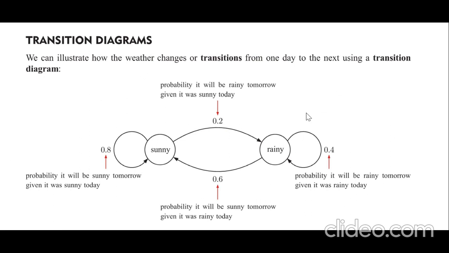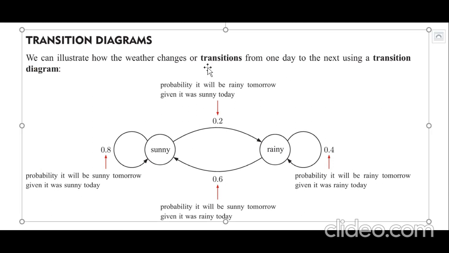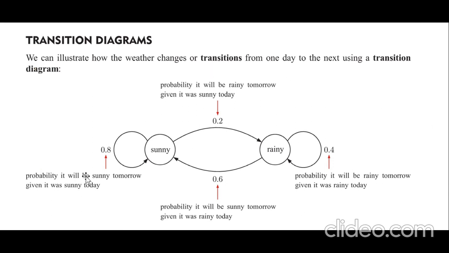Let's try to understand what exactly this diagram is about. It tells about how the weather changes, or transitions, from one day to the next day using this transition diagram.